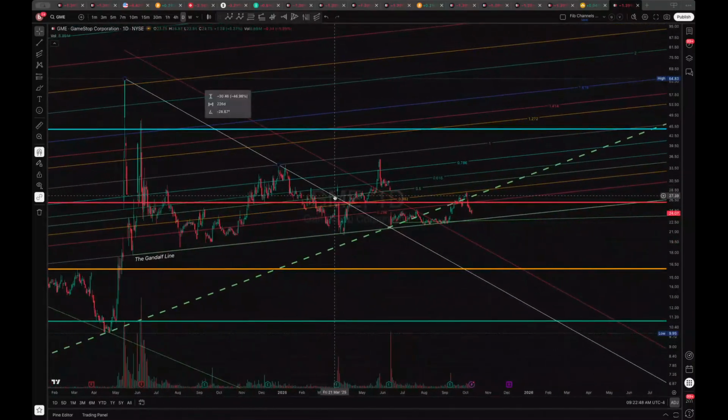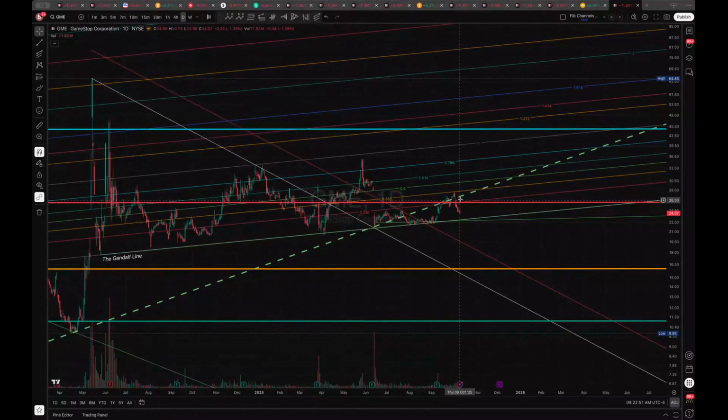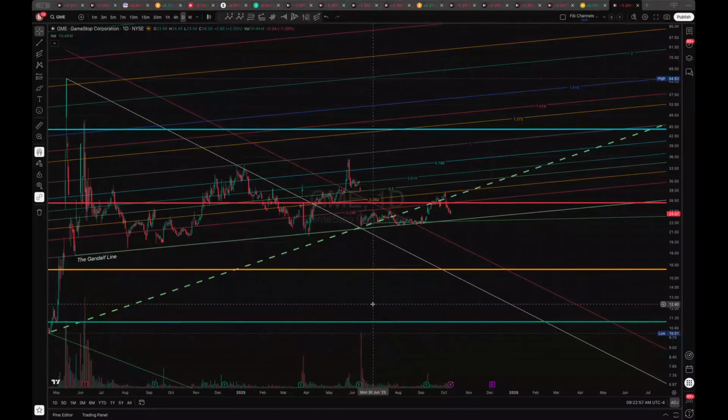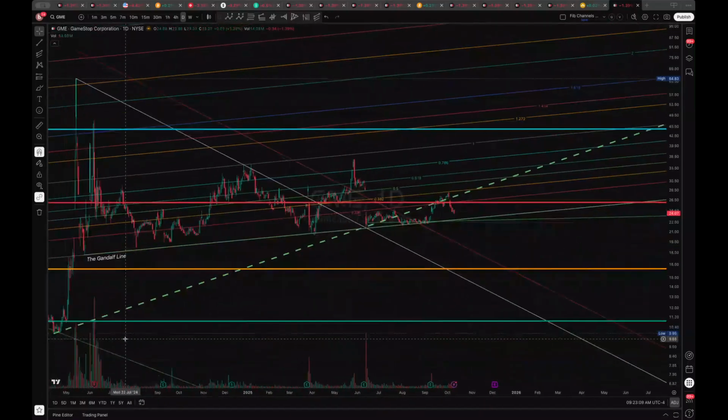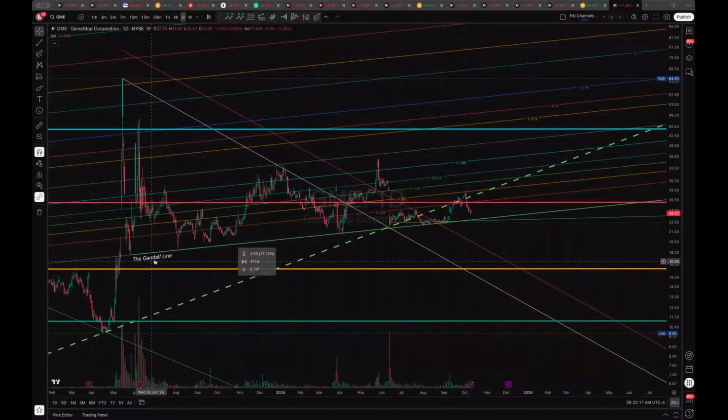I think this is really telling, because you can get all sorts of information just from price and volume. And the reason I call this the Gandalf line is because look at the volume when it's gotten down to the Gandalf line. You've gotten a volume spike anytime it's gotten near it, and that has been a violent rejection.